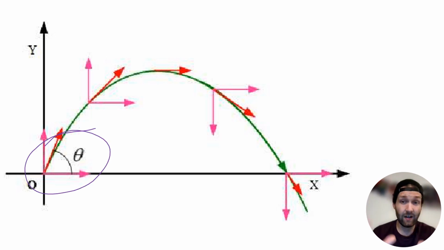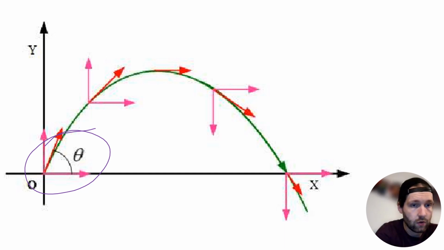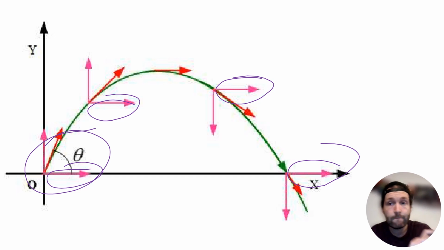The motion is still a combination of those two components, the horizontal and the vertical component. The horizontal, as I'm circling here, is remaining constant, just like before, if we're ignoring the frictional forces that are at play.